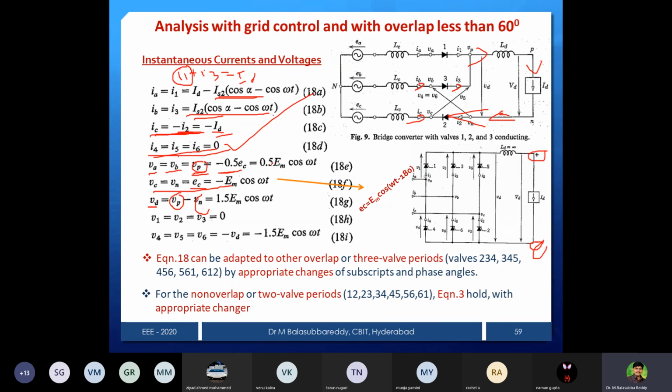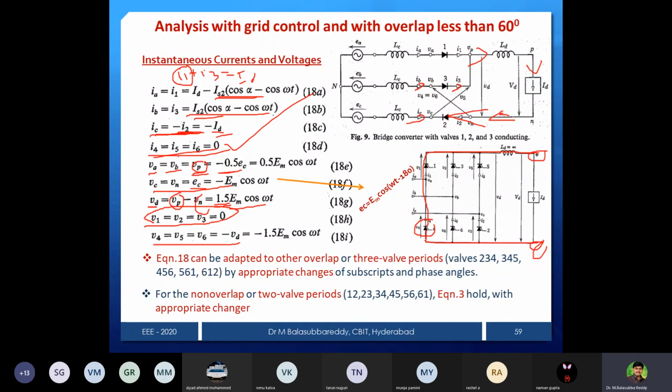Taking EM common, 1 plus 0.5 is equal to 1.5, so 1.5 EM cos omega t. The conducting valves' voltages are 0, because V1, V2, V3 are conducting. For the rest of the voltages, let's consider valve 4. Its anode is connected to N and its cathode is connected to P. Therefore, what is the output voltage?